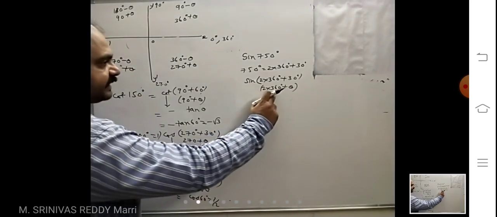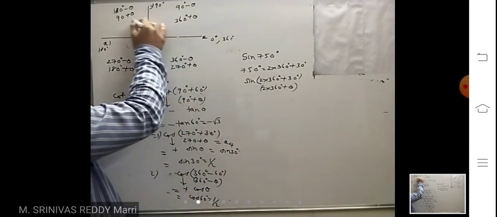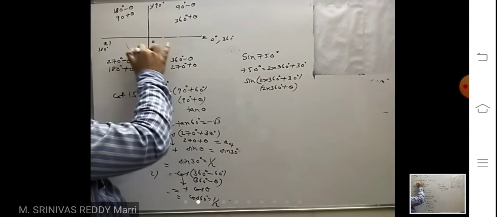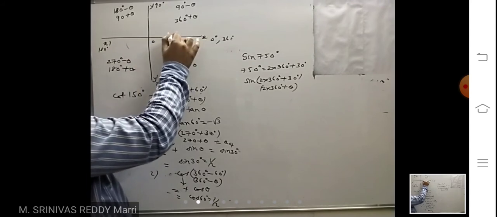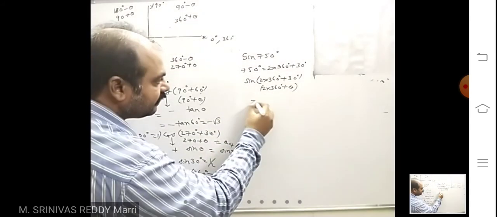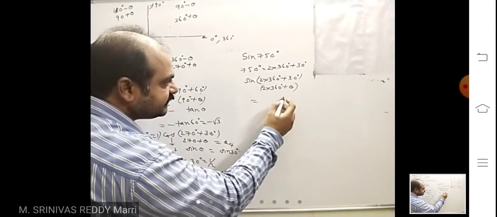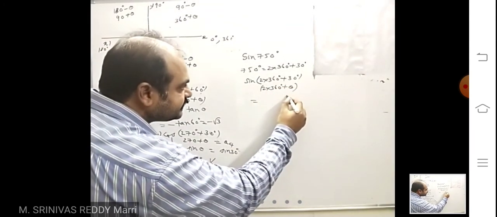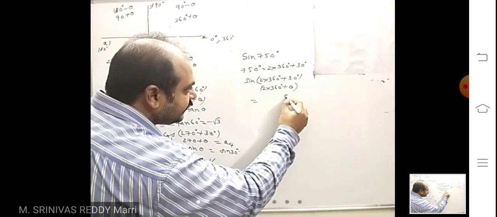Now look at here. This angle will come where? This is 360 and then 360. 720 plus theta means in quadrant 1. So 2 into 360 plus theta means multiple of 360 only. So you write sine theta.